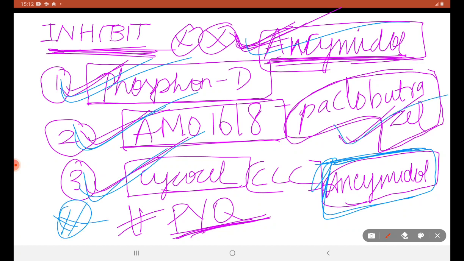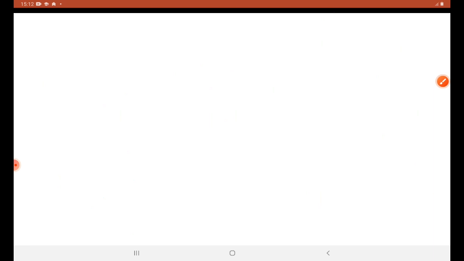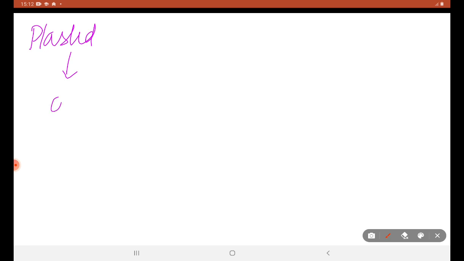Okay. Next we are going to see about biosynthesis. Biosynthesis of this gibberellic acid occurs in three different organelles, that is plastid, then cytosol, endoplasmic reticulum.